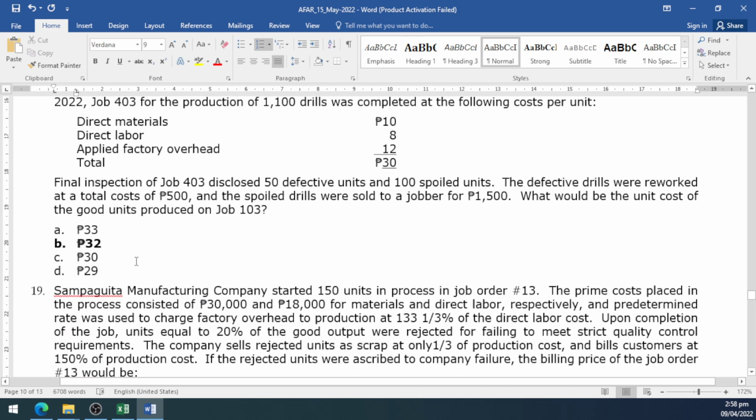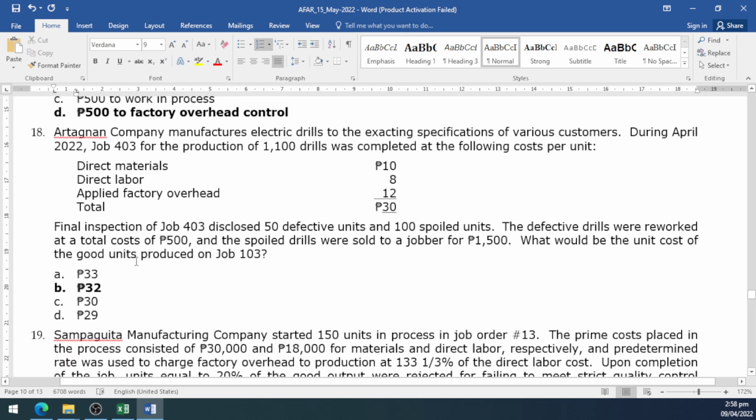Okay? And for number 18, ito, spoiled and defective nagsama, 1,100. Ang original cost is 30, so that's 33,000. 50 defective units, 100 spoiled. The defective drills were reworked at 500. The spoiled sold for 1,500. Ito po ay charge to customer or charge to specific job or charge to work in process. Kaya, yung ating rework na 500, dadagdag sa cost yan.